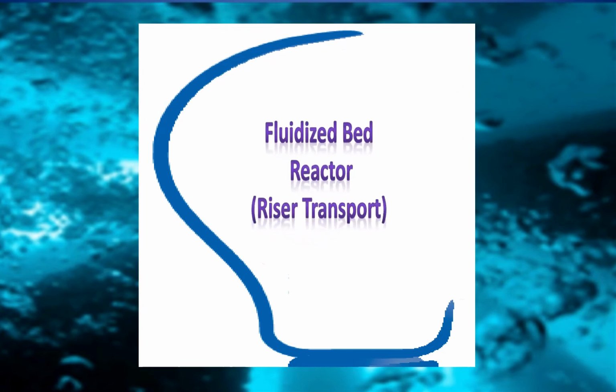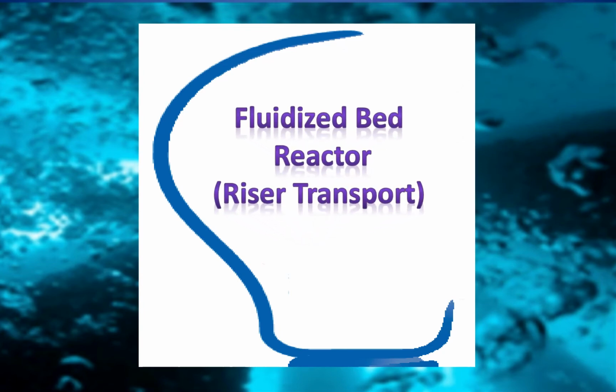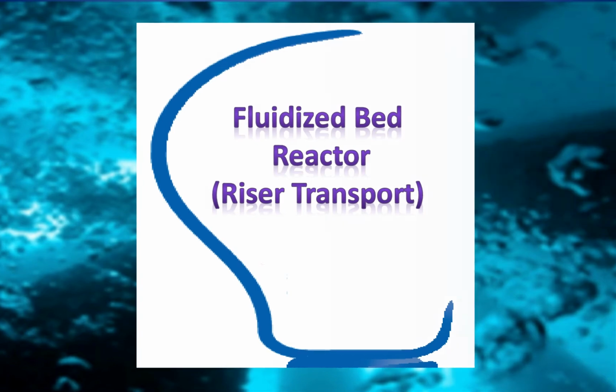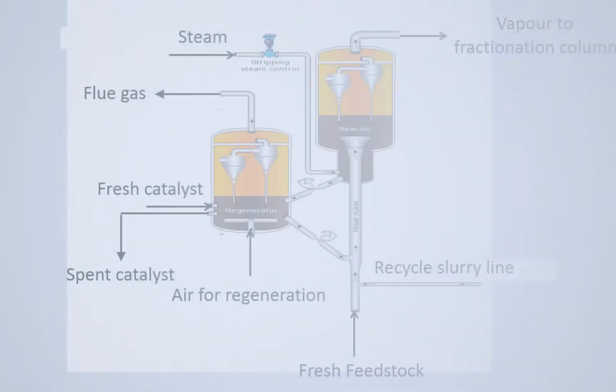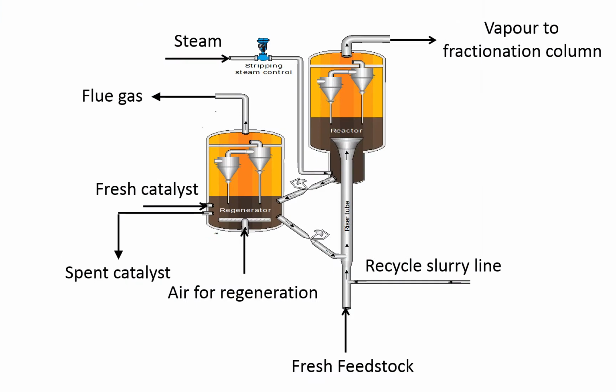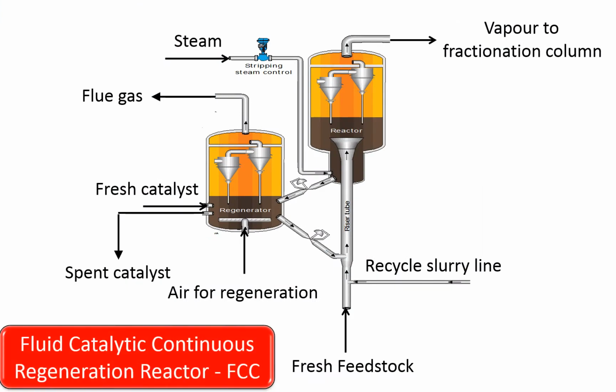The next important reactor technology is the fluidized bed reactor, riser transport. The figure shown here is a fluid catalytic cracking unit. FCC units are widely used in refineries to produce higher value gasoline from gas oil.